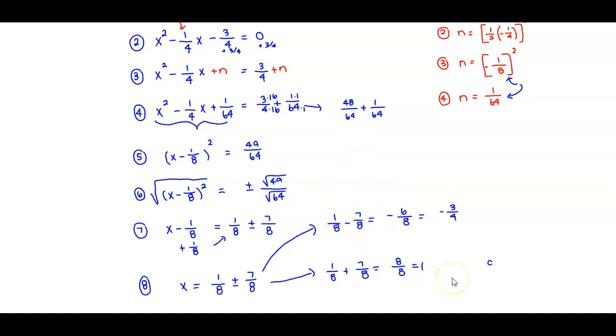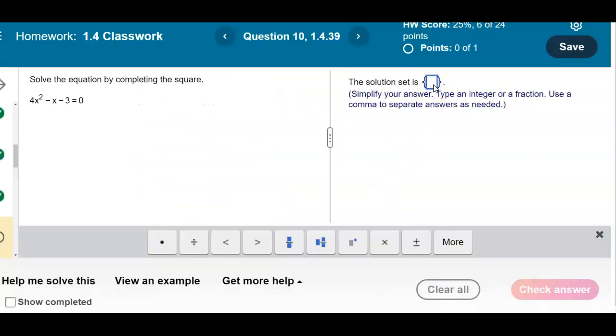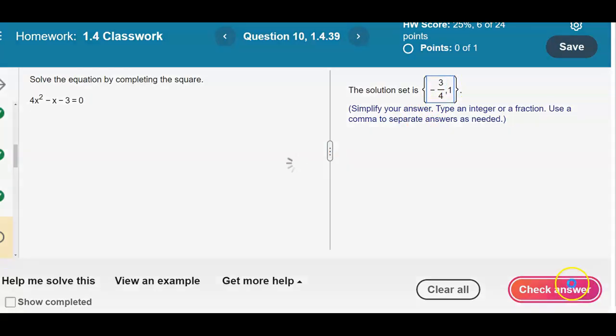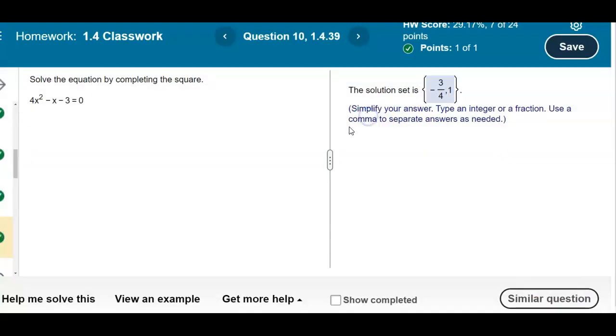And so therefore here is our solution. We have negative 3/4 as one of the solutions, and the other one is 1. Let's check our result. So negative 3/4 and 1. So here we put the negative sign, put in the fraction 3/4, and then the other answer is 1. Check our result, and there is our answer.